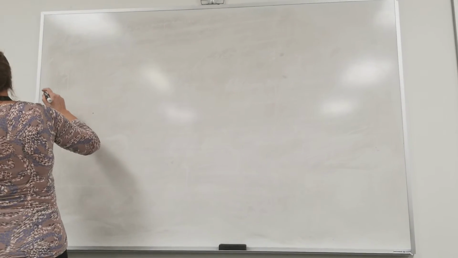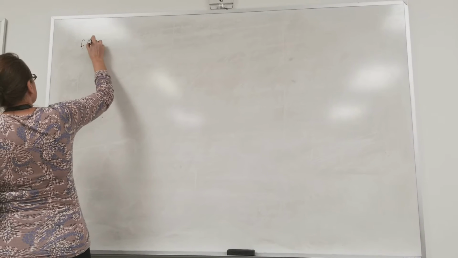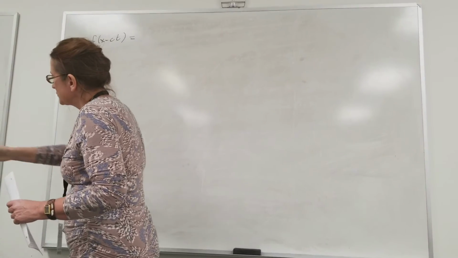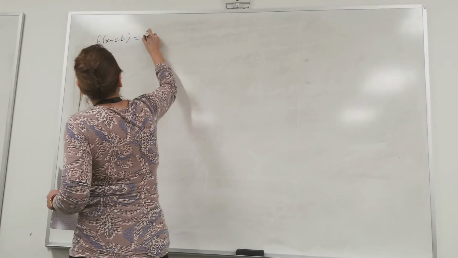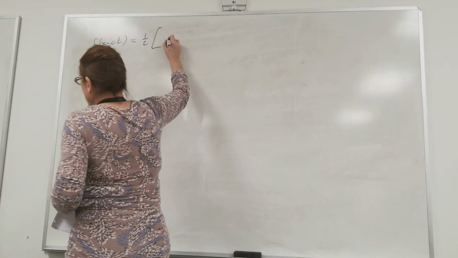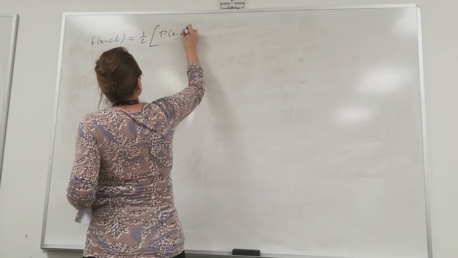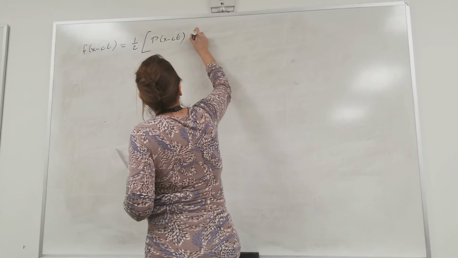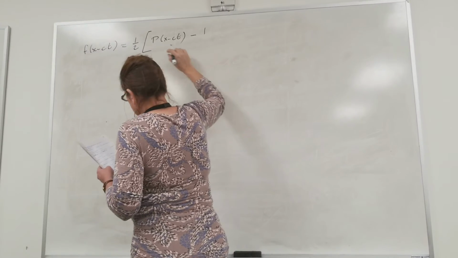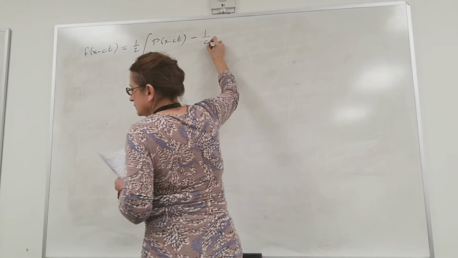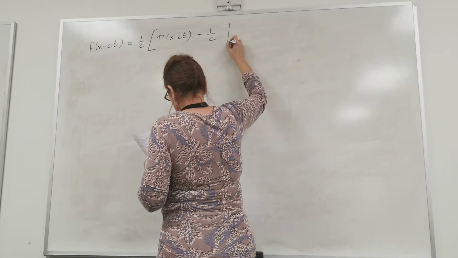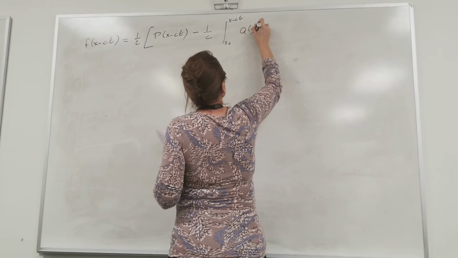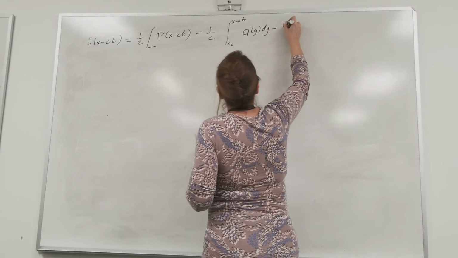So we're looking for f of x minus ct. We're replacing x by x minus ct, and I had a factor of 2 up front, so we'll have 1/2 of p of x minus ct minus 1/c times the integral from x0 to x minus ct of q of y dy, minus k.